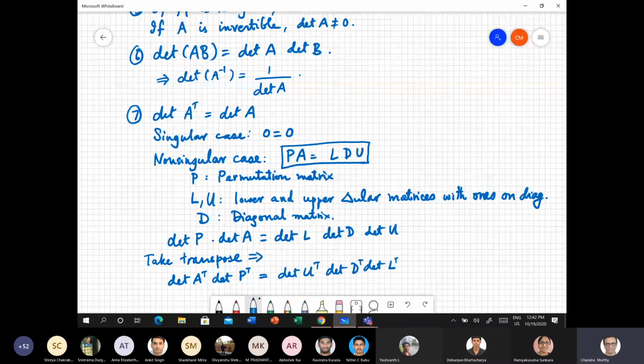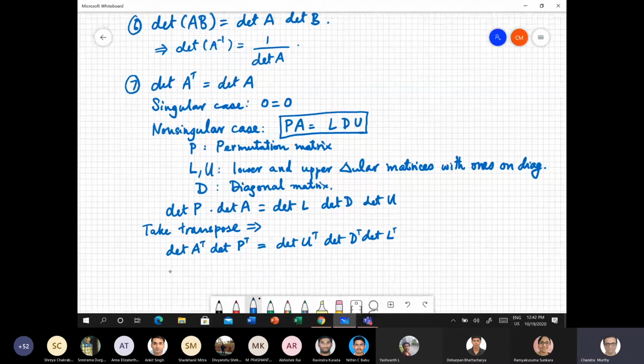And now because L and U are triangular matrices with ones on the diagonal, determinant of L, determinant of U, determinant of U transpose and determinant of L transpose are all equal to one.